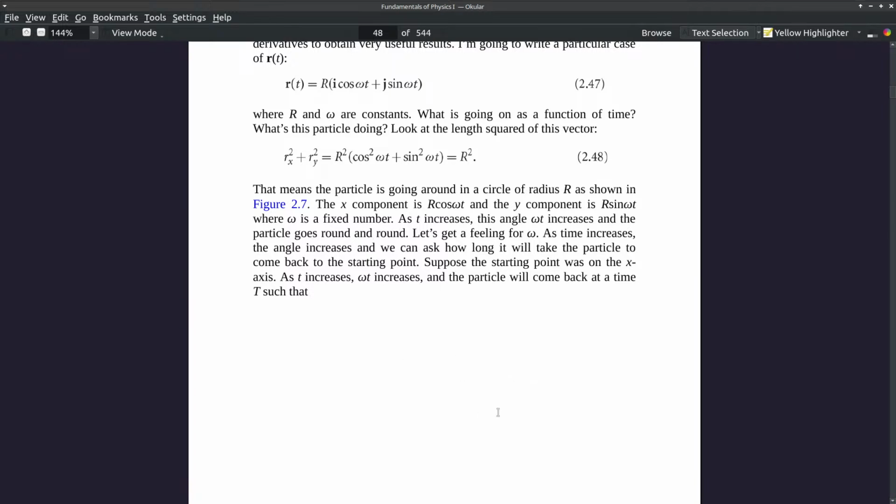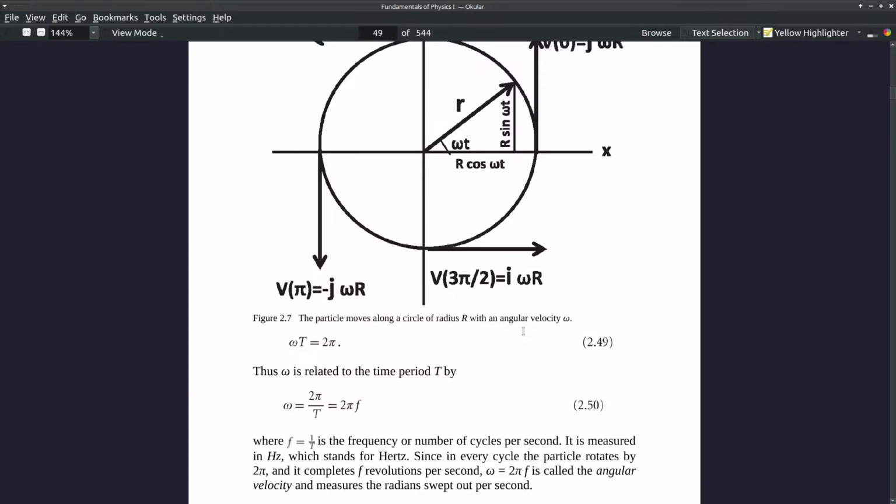Let's get a feeling for omega. As time increases, the angle increases, and we can ask how long it will take the particle to come back to the starting point. Suppose the starting point was on the x-axis. As t increases, omega t increases, and the particle will come back at a time t such that omega t equals 2 pi.